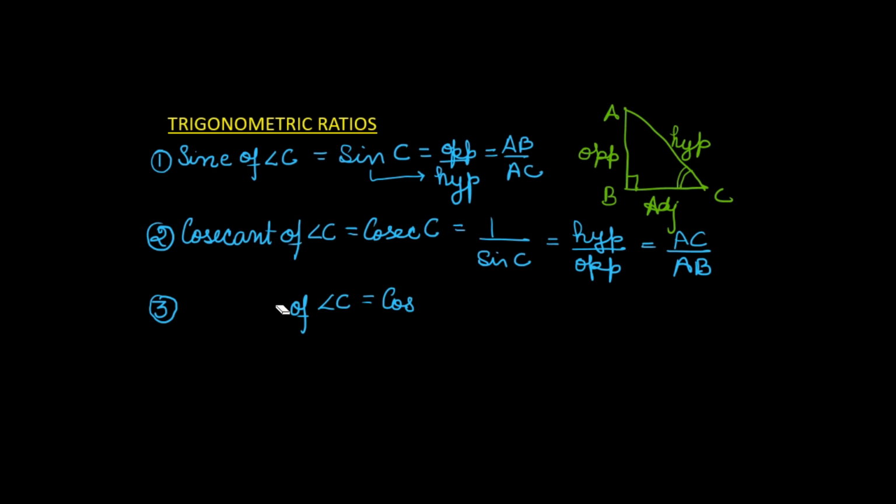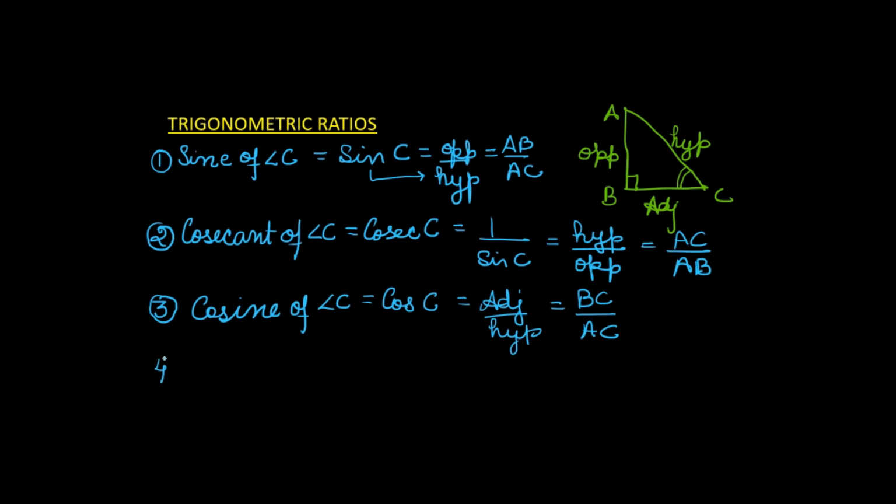This is cosine. Cosine of angle C is abbreviated as cos of angle C, and this is nothing but adjacent over hypotenuse. For angle C, adjacent is BC and the hypotenuse is AC.